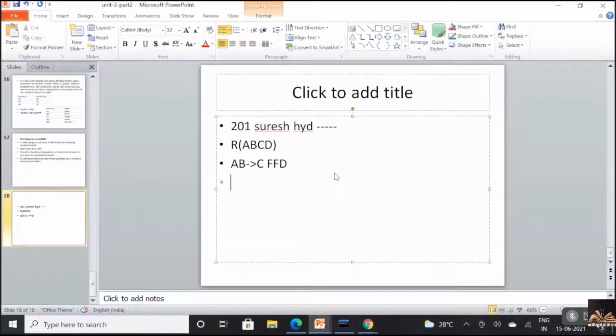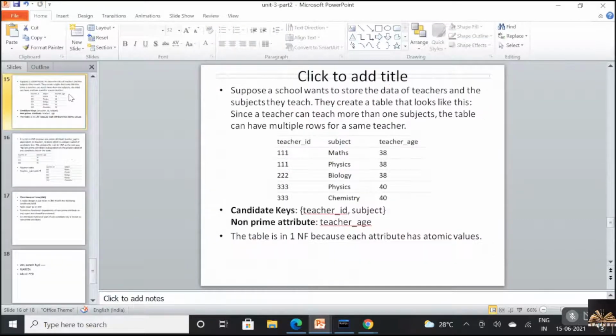If I say that A alone can determine C, then C being determined by AB is not fully functionally dependent, because A alone can determine C. But if I do not have that statement, and AB together can determine C is the only thing existing, then I say this functional dependency is a fully functional dependency.